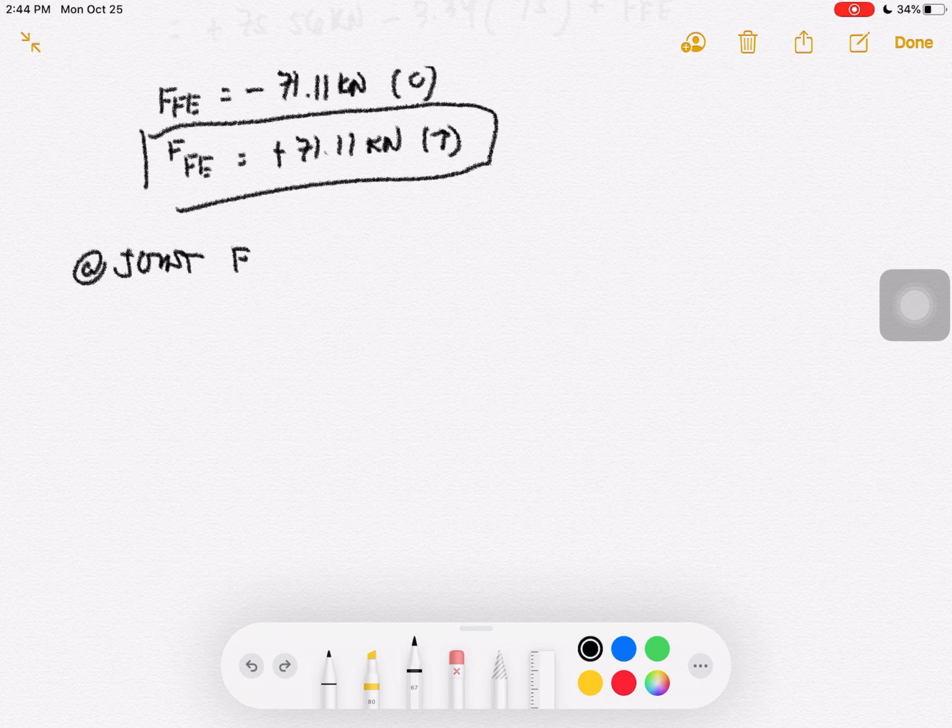Ito lang is para makita niyo yung joint. Methods of joint. So we have here FFE is tension, so going right na siya. So 71.11 kilonewton. FCF is missing, so assume FCF. And FDF.